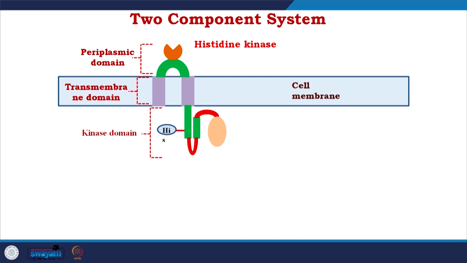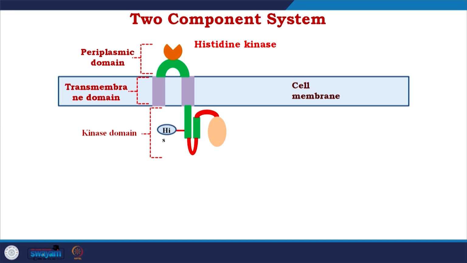One is a histidine kinase, another is a response regulator. A histidine kinase is a protein which stays on the surface of the organism. It has a part in the periplasmic domain, another part in the transmembrane domain, and a kinase domain in the cytosolic part.